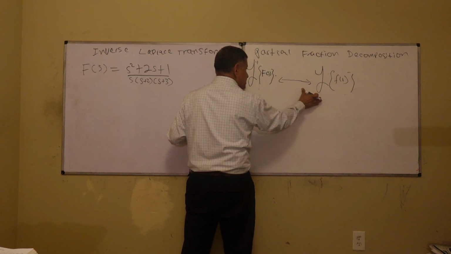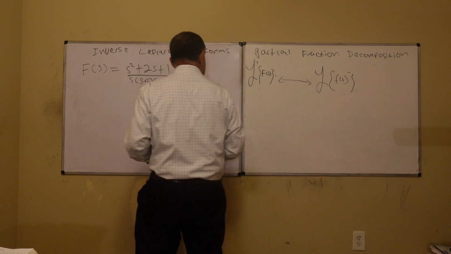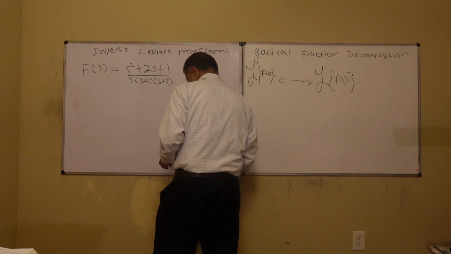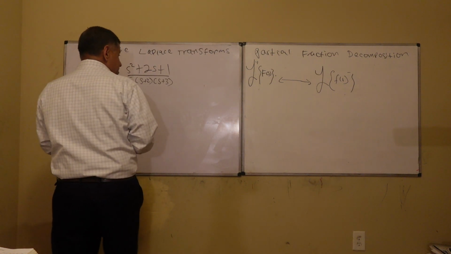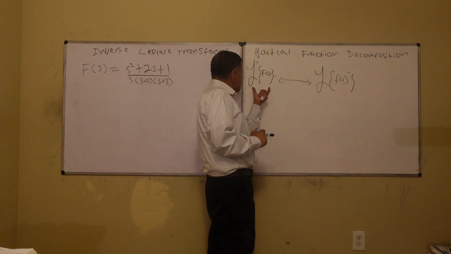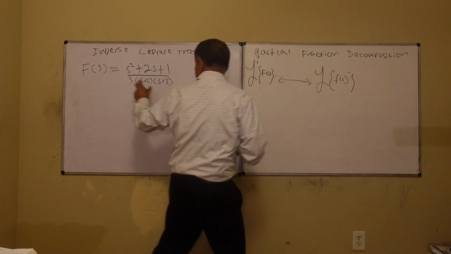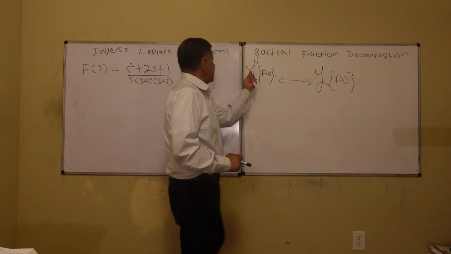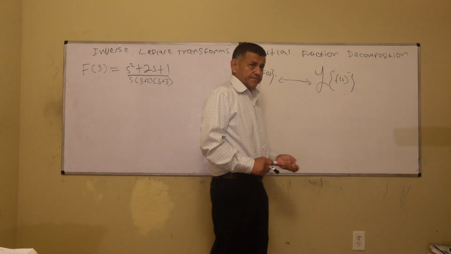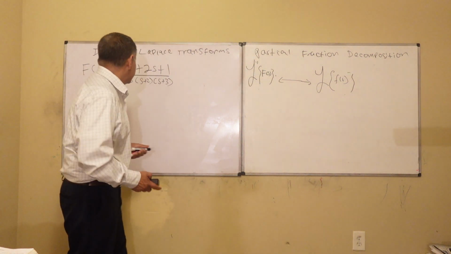Okay, so that is the transform. We have this, which is this, and we're trying to find the inverse going back to this. Okay, so let's get it done.